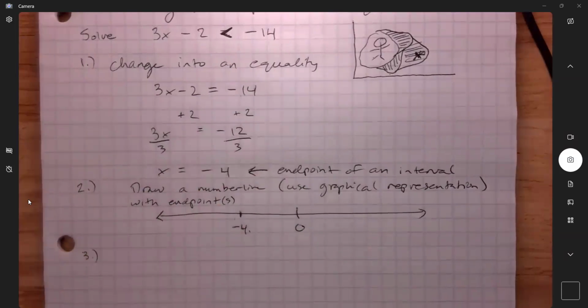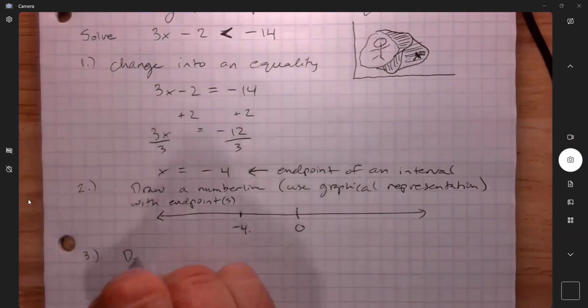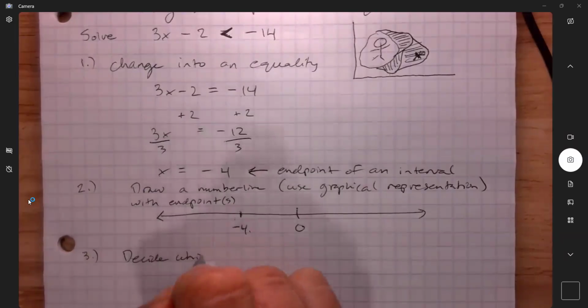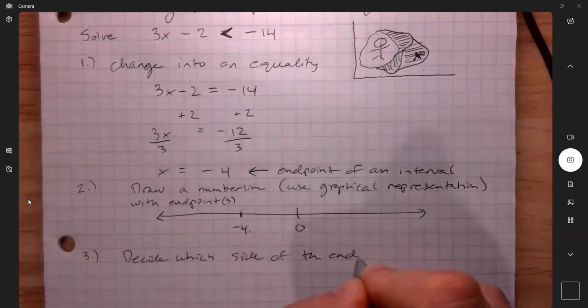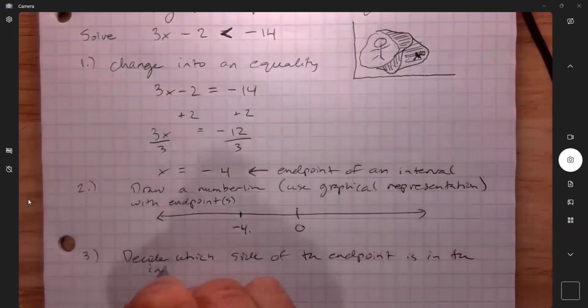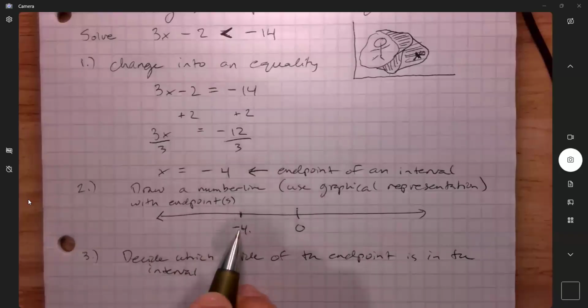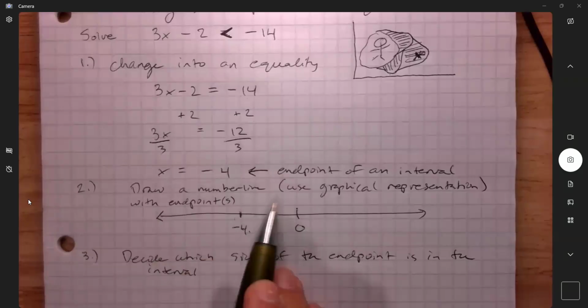The next thing we need to do is decide which side of the endpoint is in the interval. If negative 4 is the endpoint, then it could be everything less than negative 4, or it could be everything greater than negative 4. And the easiest way to do that is just by testing a point.